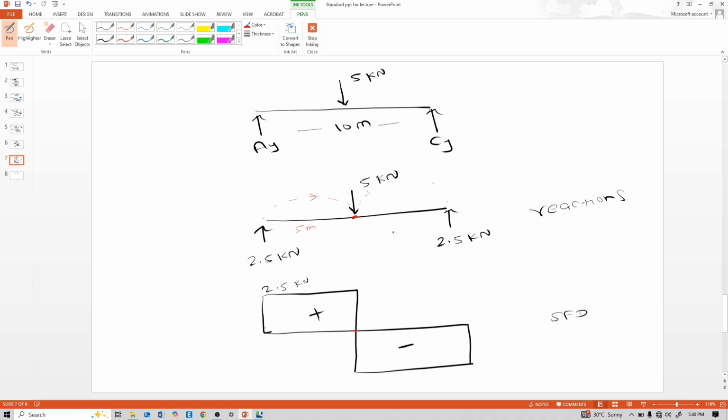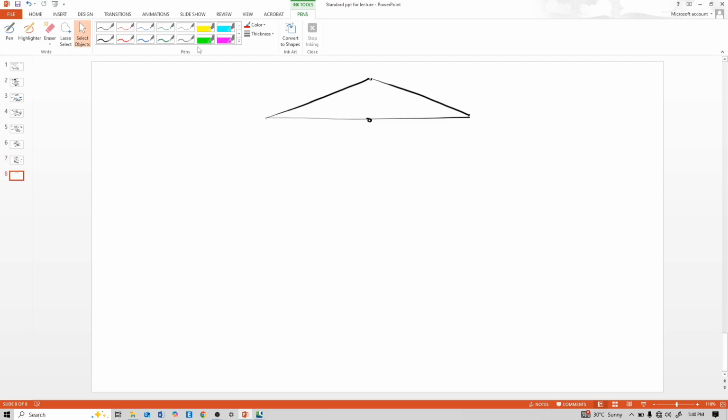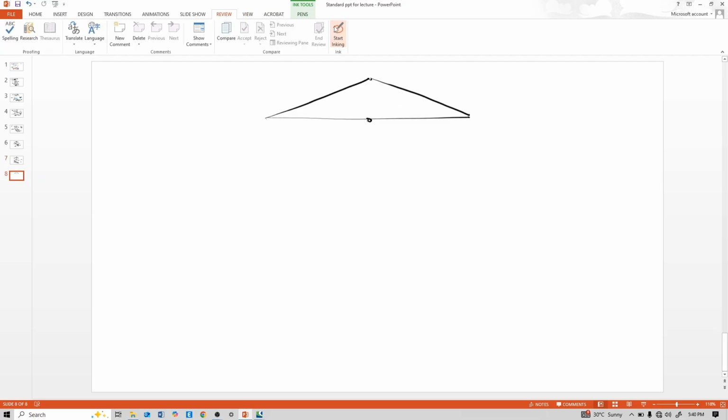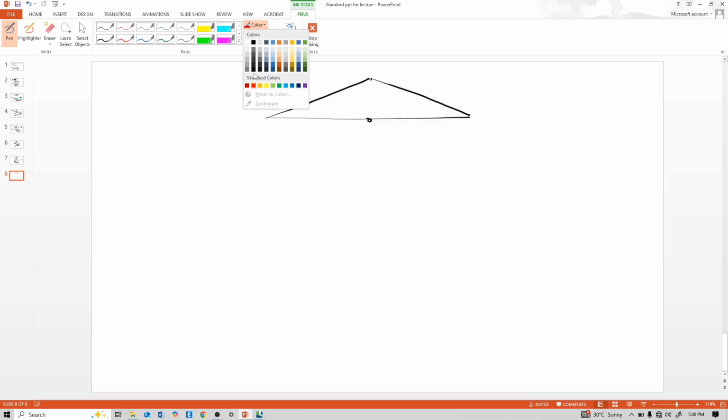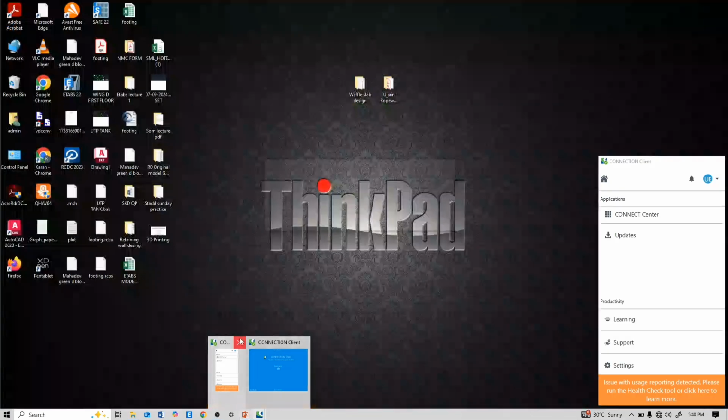So 2.5 into 5 is 12.5, positive. So now this is our theoretical method.